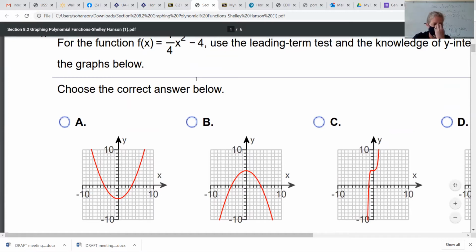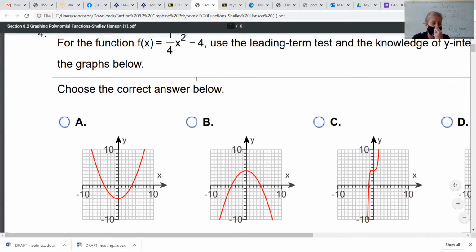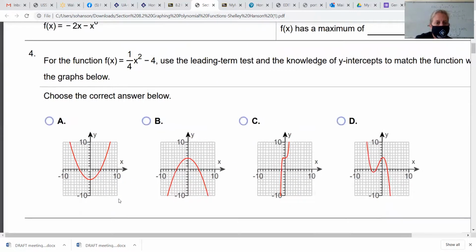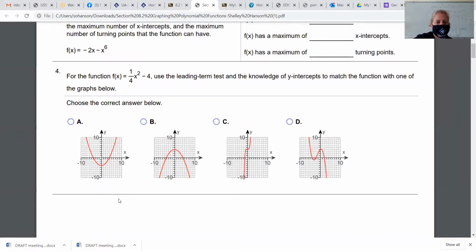So all I'm left with is -4, which is the y-intercept. And look at where it crosses the y-axis, right here at -4. So that would be another distinguishing feature. For instance, if I had two graphs where the end behavior were both up, then something else you could look for would be the y-intercept. I just didn't need to do it on that one.